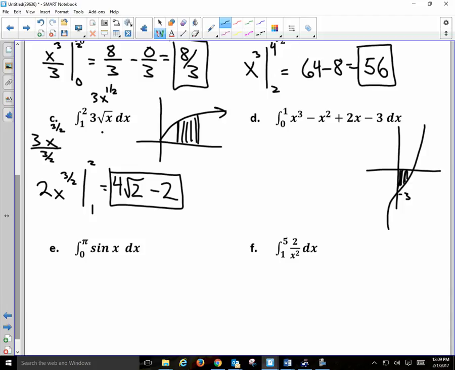Antiderivative of x to the third: x to the fourth over 4 minus x to the third over 3 plus x squared minus 3x, evaluated at the bounds.